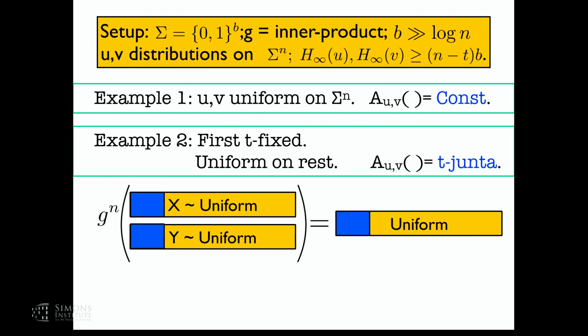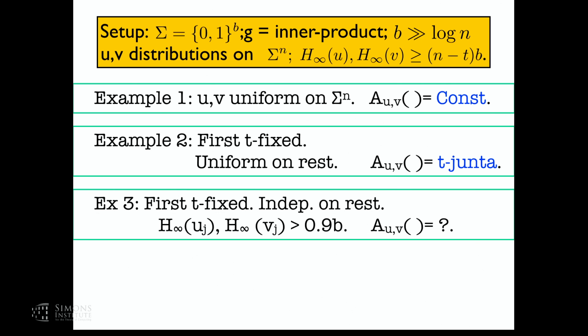Okay? This looks good, but there's one more slightly bad case, which is I still have t fixed coordinates, but the others are not perfectly uniform. All right? So the first t are fixed in both u and v. And in the remaining, in u, the distribution is a product on the coordinates, but each coordinate just has very high min-entropy. It's not uniform, but has min-entropy, let's say, almost the full b, which is 0.9b. Okay?